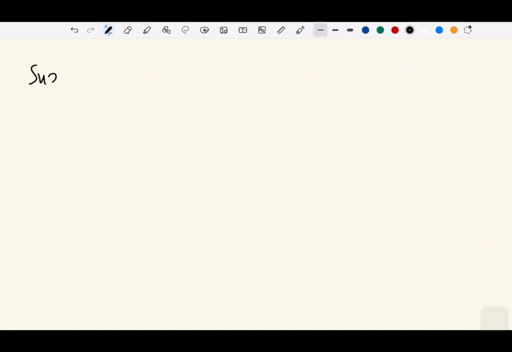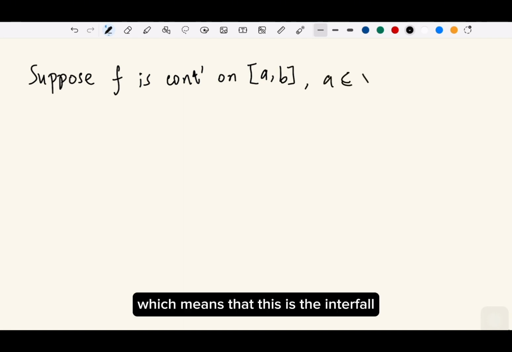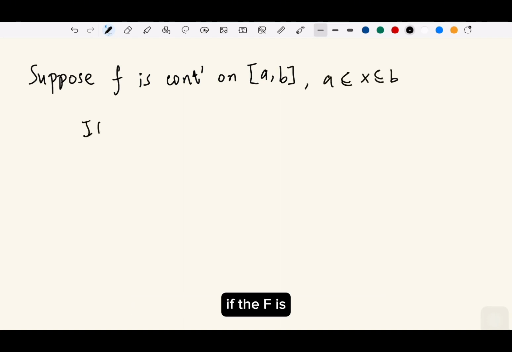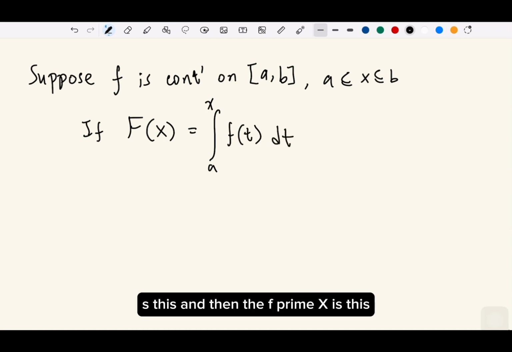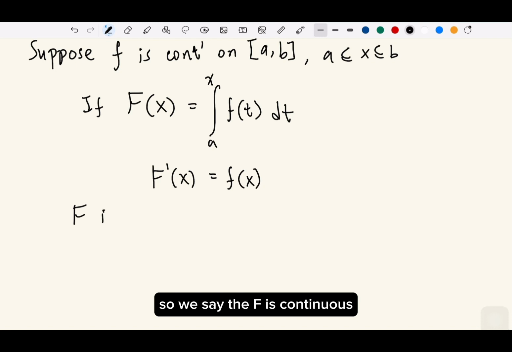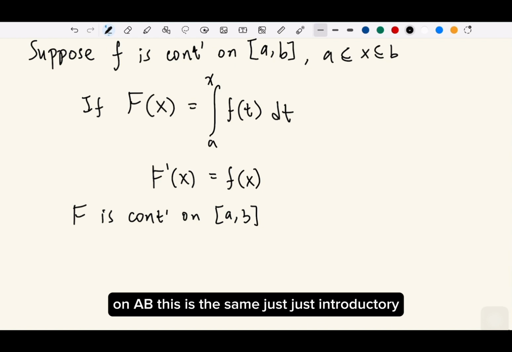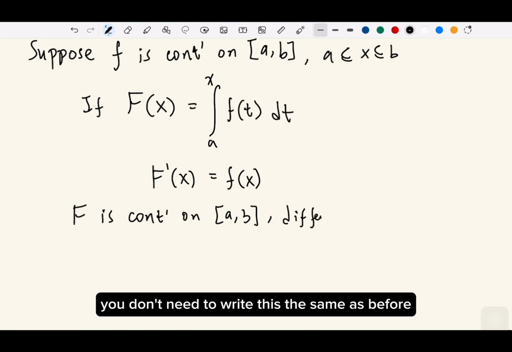Suppose that f is continuous on the interval, and then f prime of x is this. So we say f is continuous on [a, b]. This is the same, just introductory. You don't need to write this.